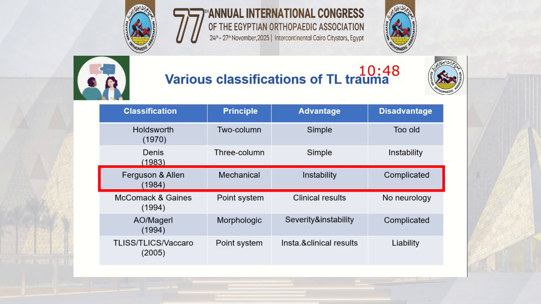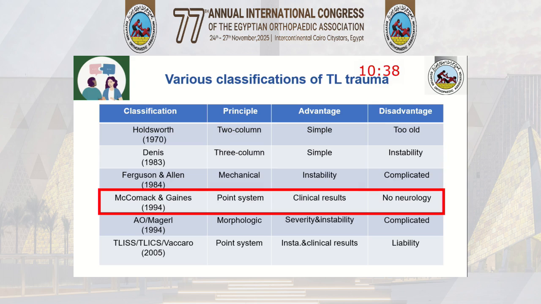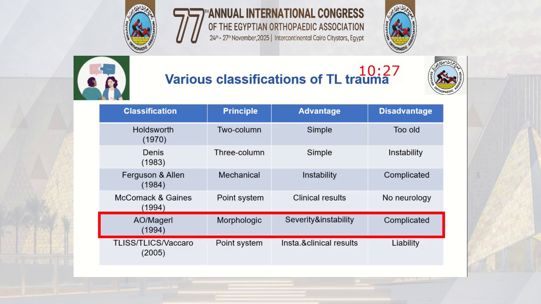Allen and Ferguson, this is very famous for cervical trauma, not thoracolumbar, but they concentrate on the mechanical. McCormack and Gaines, this is a point system, and it includes clinical result. However, they don't include any neurological deficit.